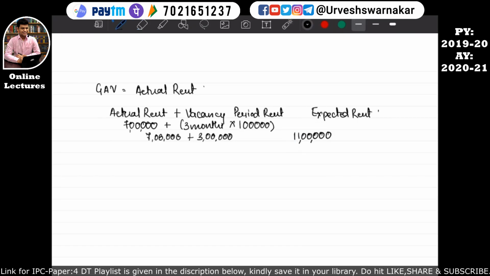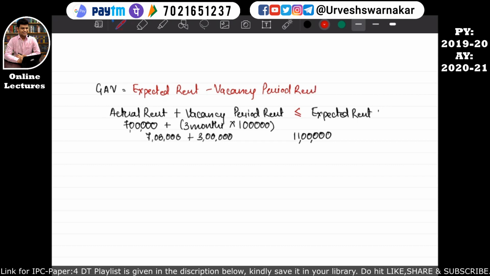We will write the formula here now. If the actual rent plus the vacancy period rent is less than or equal to expected rent, then the GAV will not be equal to the actual rent, but the GAV will be equal to expected rent minus vacancy period rent.